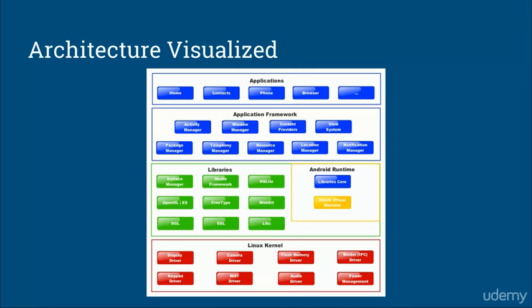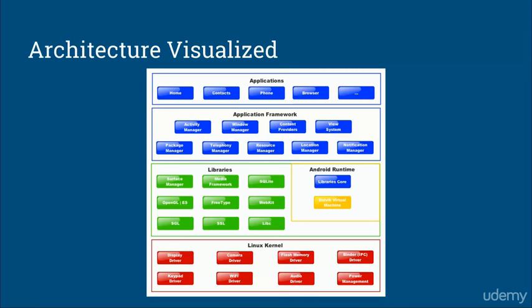So above that, we have our application framework, which allows us to interact with the location of our phone, or the telephony manager, which is how we make phone calls and manage all that kind of good stuff. Those are the little packages or blocks that we're going to grab and interact with when we want to do any one of those specific types of things. That's that blue portion right above our green portion.